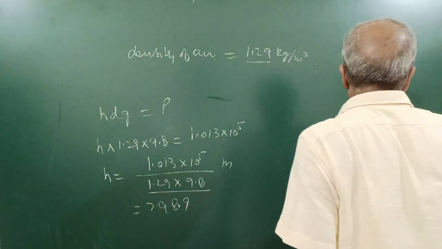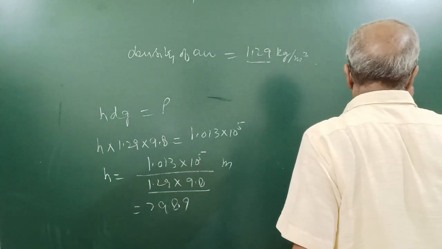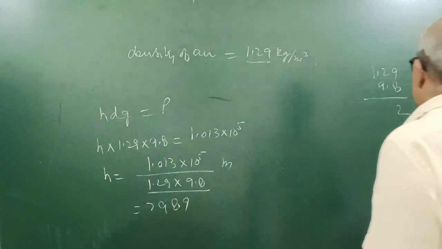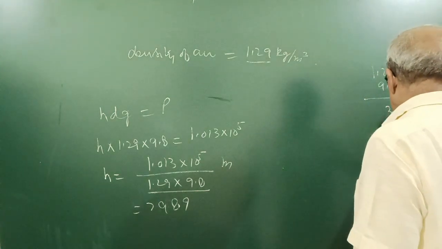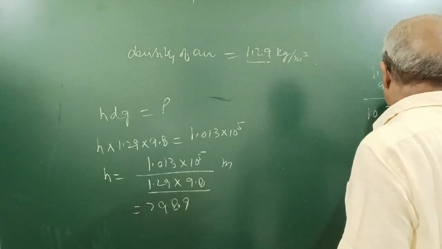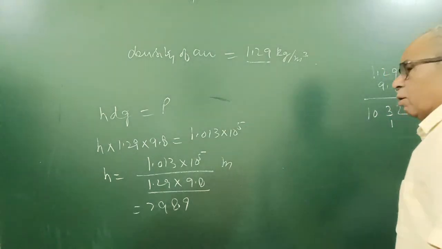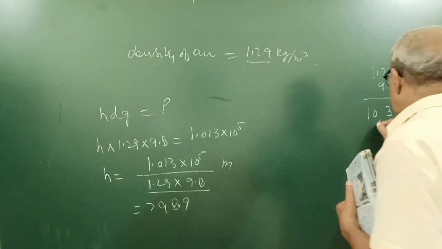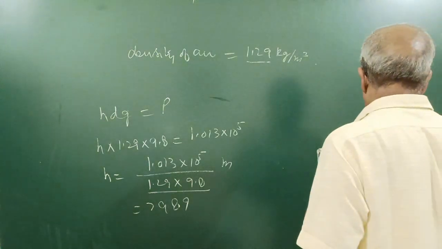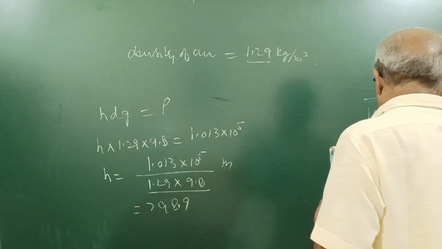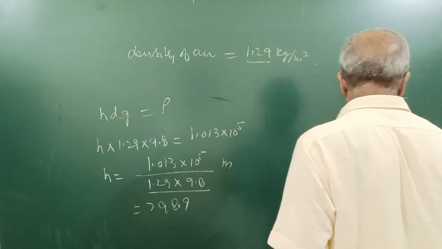This is simple. I am doing it for you. 1.29 times 9.8: 8 9s are 72, 7, 8 2s are 16 and 7 is 23, and so on. It comes out to 12.642, with the decimal after 3 places.